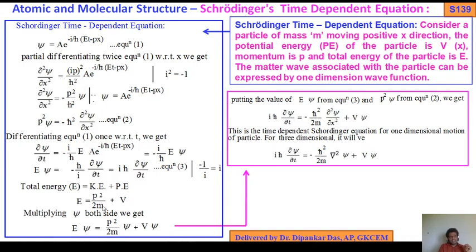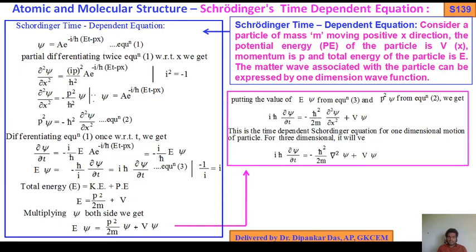So E equals p square by twice m plus V. Multiplying psi on both sides, we get E psi equals to p square by twice m psi plus V psi.